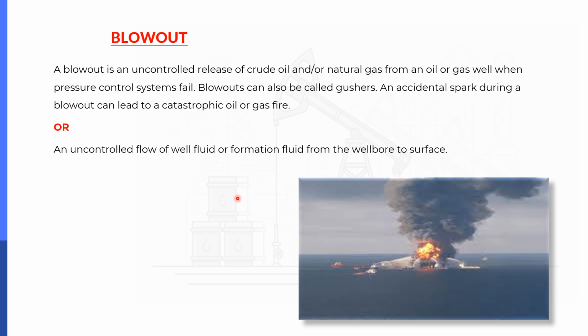And if it is oil based mud, in this situation it will be even more catastrophic, with a huge fire and explosion on that rig. That's why a blowout is very dangerous.